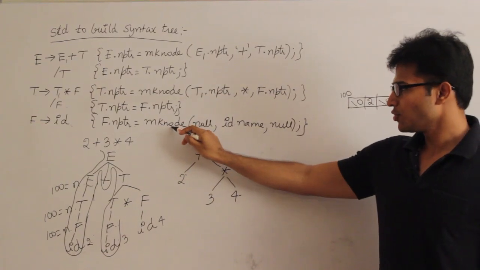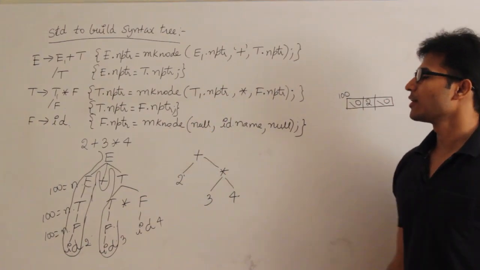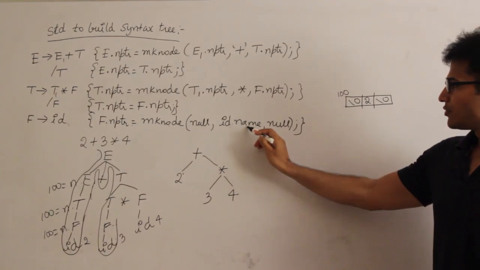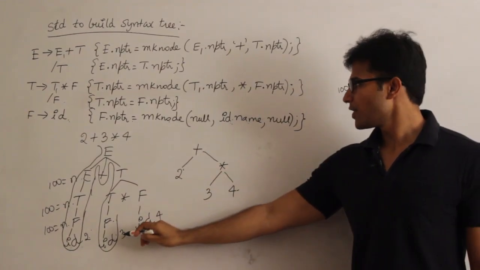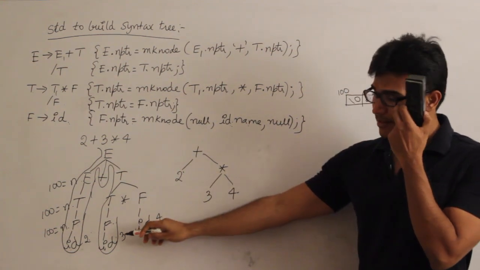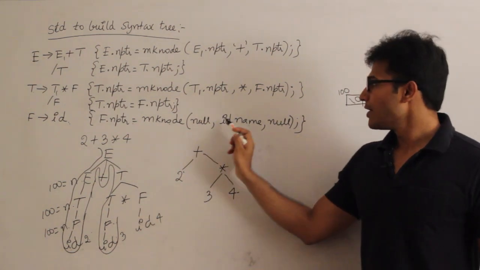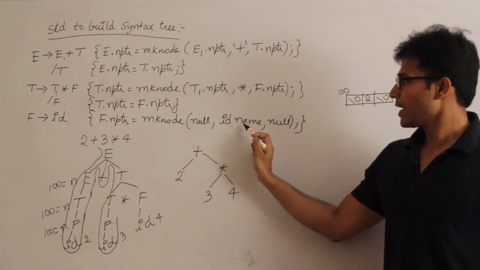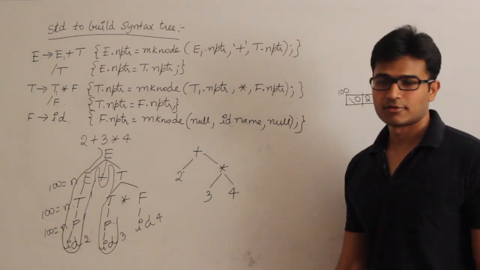We have to create a node, because make node is the function, and its value should be id.name. What is id.name here? It is 3. Id is the token and name is the lexical value.